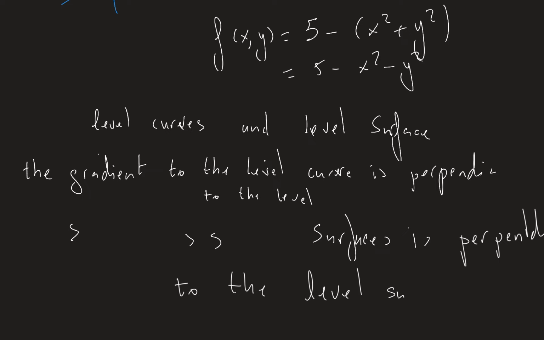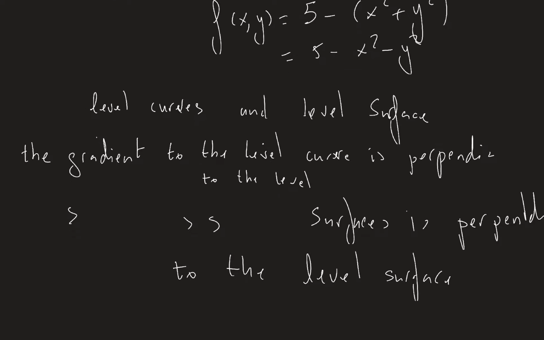Well, what I should have said is the gradient is a vector that is perpendicular to the level curve. And the second thing that we will see is that the gradient in space, in 3 dimensions x, y, and z, is a vector that is perpendicular to the level surface. Sorry that I wrote it differently.